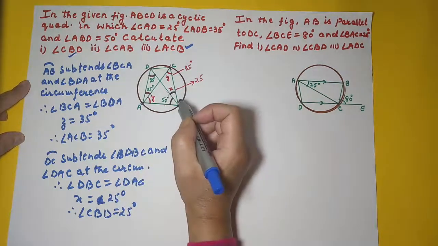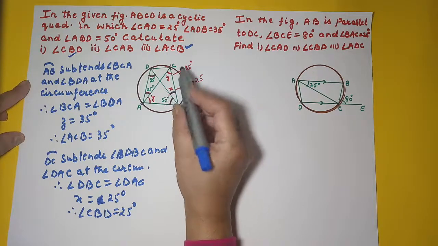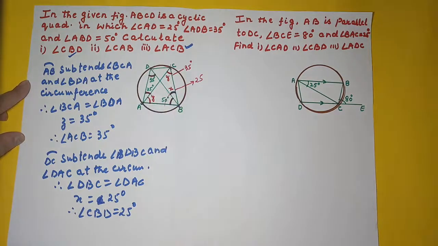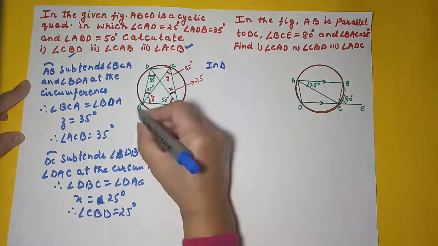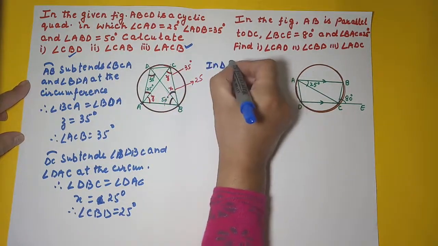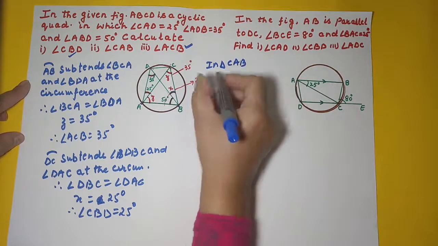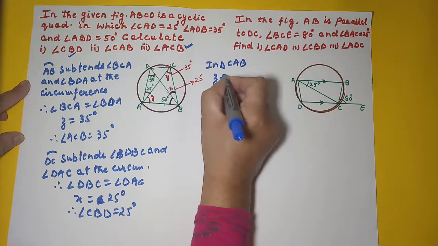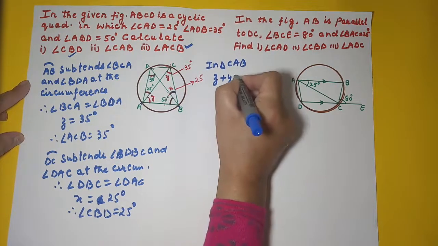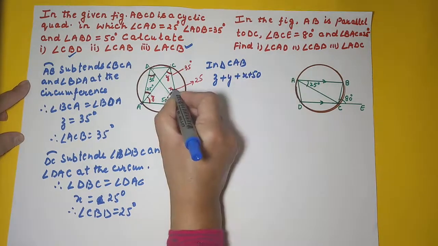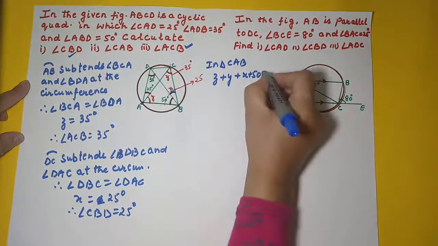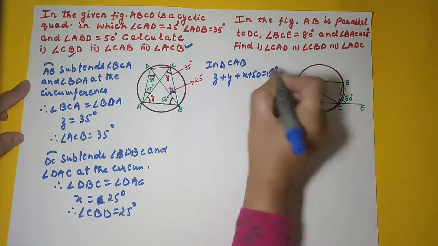Now remains angle CAB. For that, you will take triangle ACB. Angle Z plus angle Y plus angle X plus 50, because this entire angle is X plus 50, equal to 180, triangle sum property.